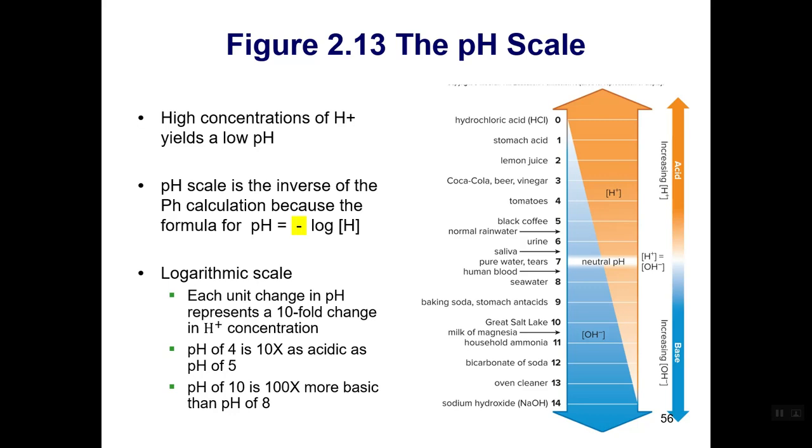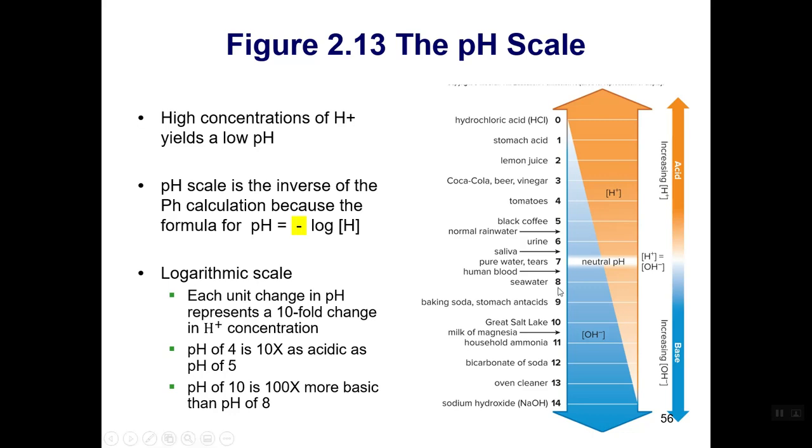is that it's a logarithmic scale. Okay, so we said the pH is the negative log of the hydrogen ion concentration. The logarithmic scale indicates that for every unit change, it represents a 10-fold increase or decrease.